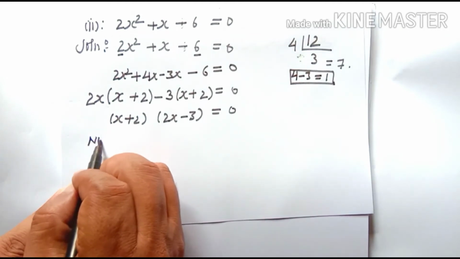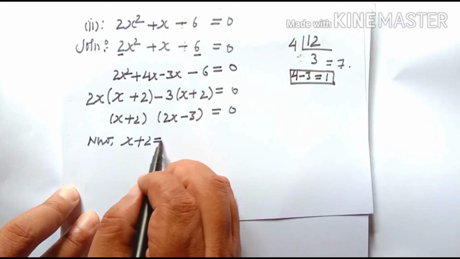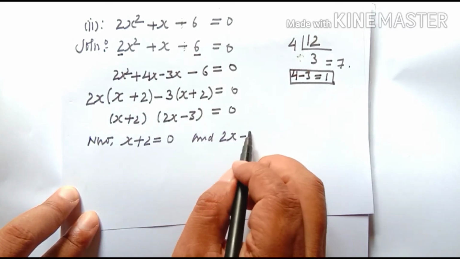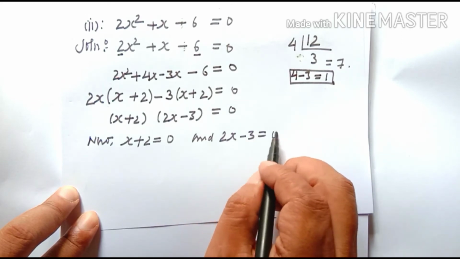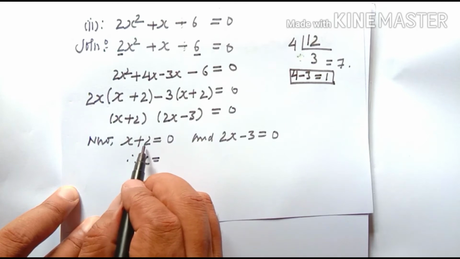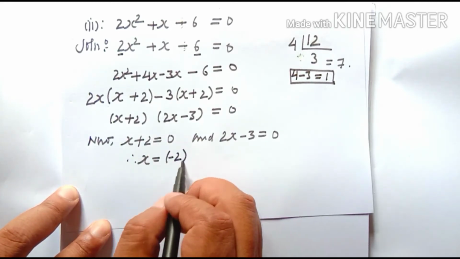Now the factor x plus 2 equate with 0, and the other factor 2x minus 3 also equals 0. Therefore x equals, take this plus 2 from the left hand side to the right hand side, it changes to minus 2.